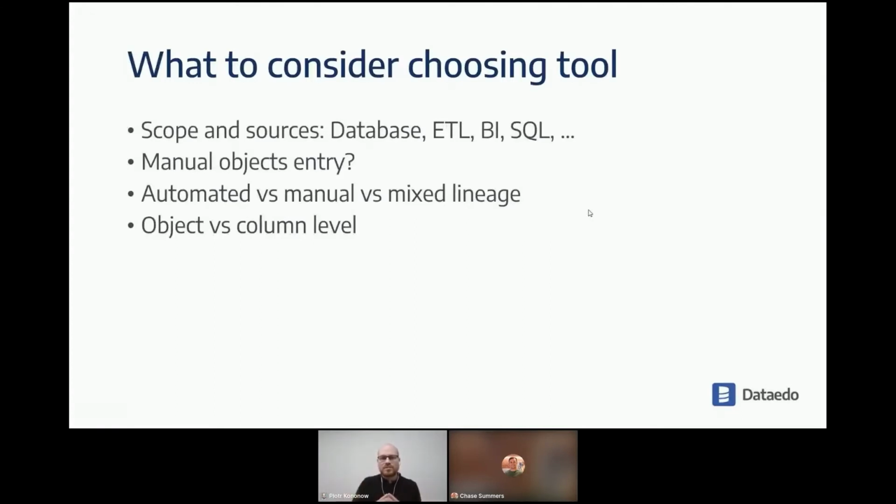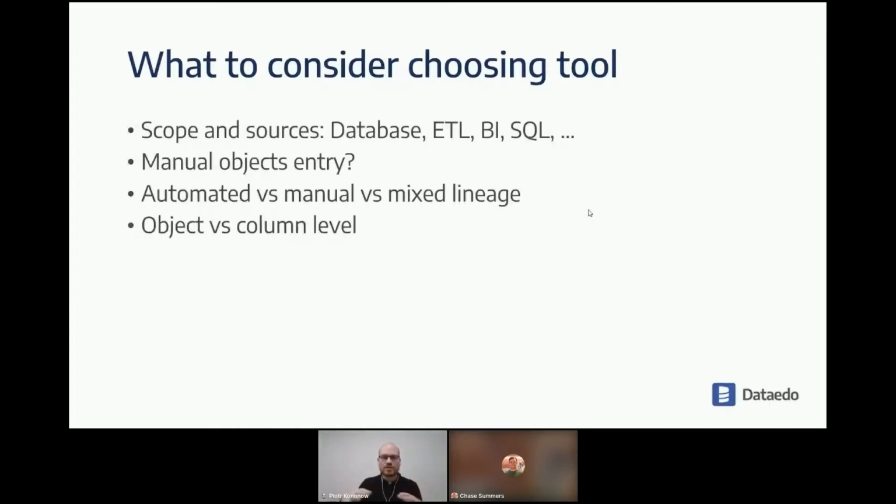There are also some tools that can parse SQL, and some of them are quite smart, and they can show you how the data flows through different views, procedures, and so on. But it applies only to SQL, and quite often only to SQL in DB2, for instance, right? So it doesn't cover everything.